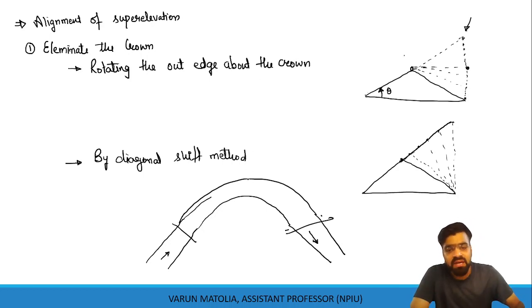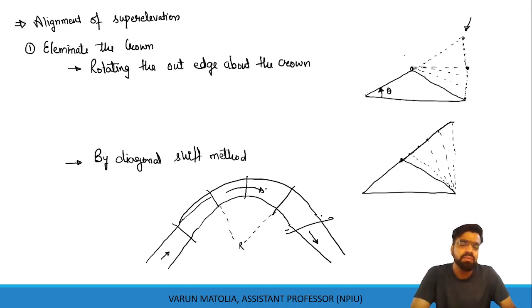But when we are moving on this curve with a radius r, we need the super elevation, because while covering a curve we should have a component which can counter the centrifugal force.